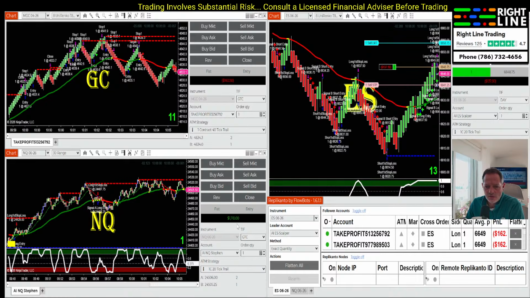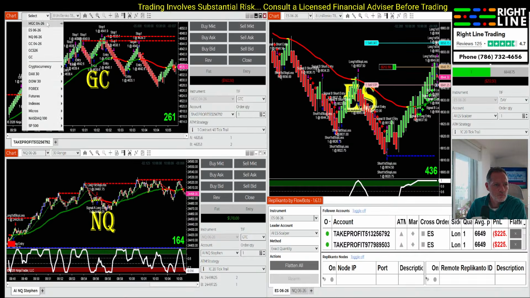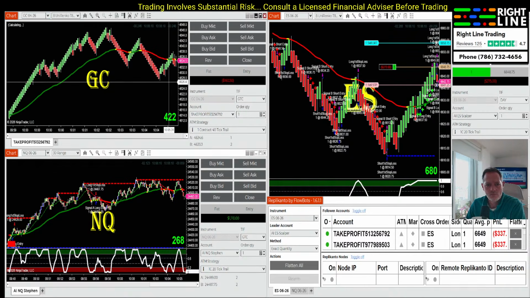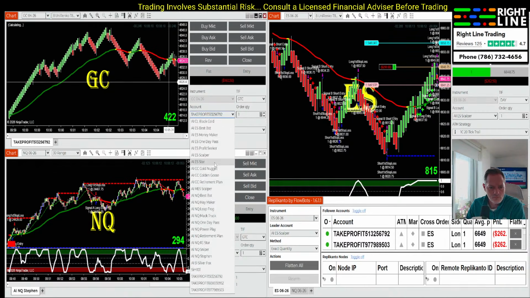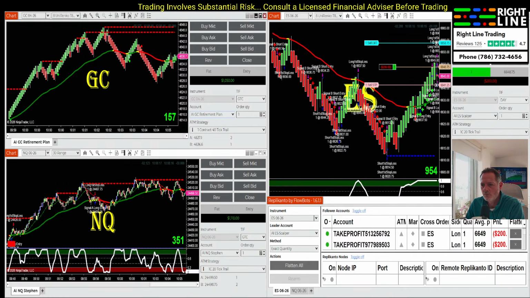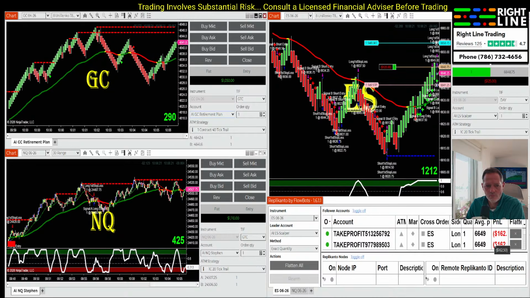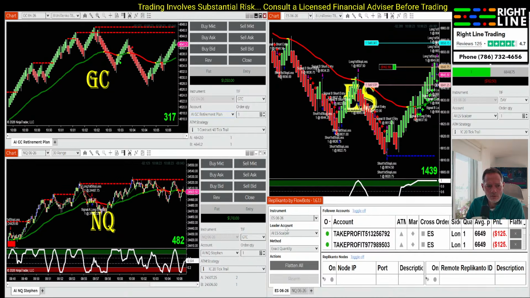Old Stevens at about 1,000 still. One more push up through the NQ, trying to get through 24,500.